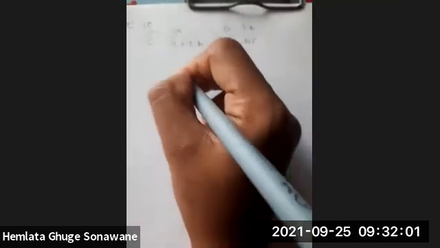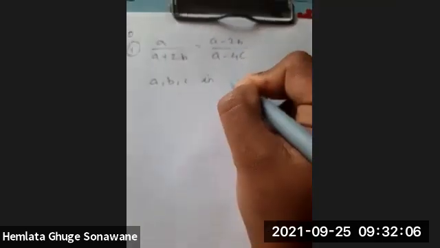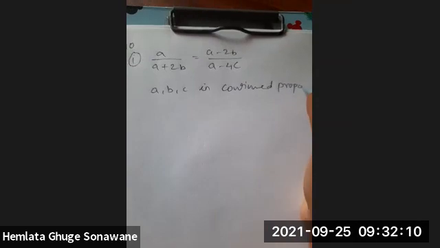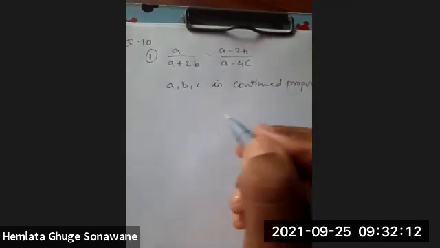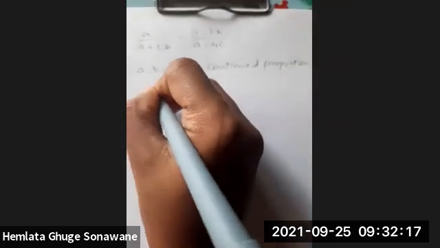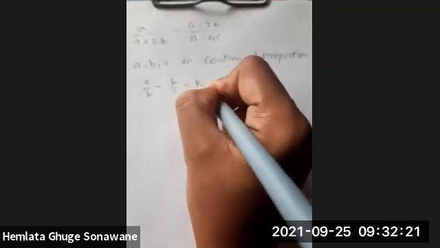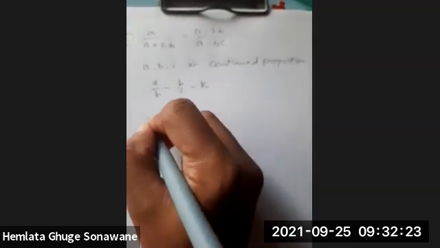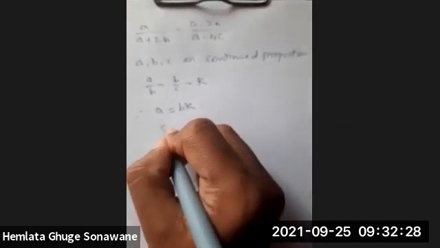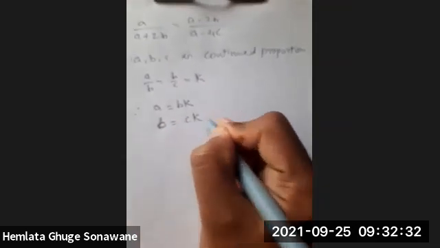Now what is said is that A, B, C are in continuous proportion. Here we'll use the K method, that is A upon B is equal to B upon C is equal to K. So A is equal to BK and B is equal to CK.